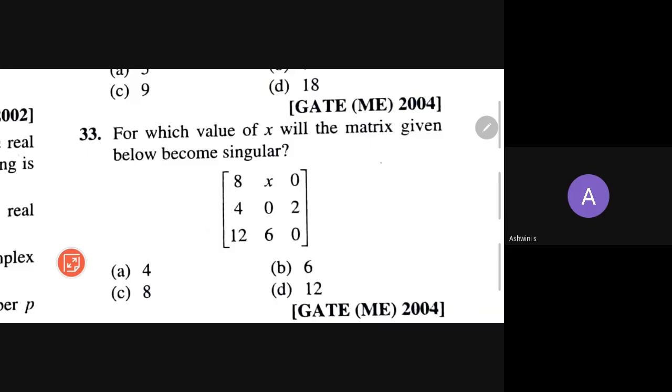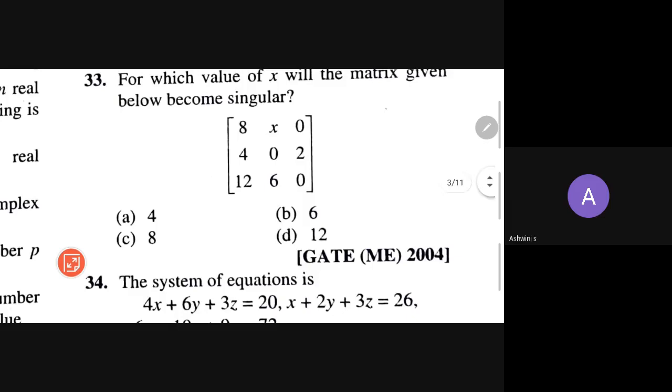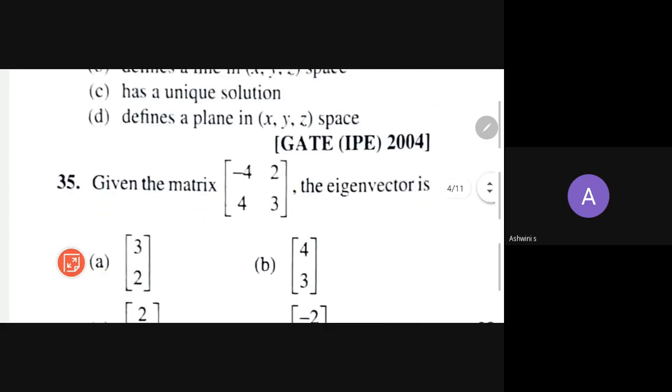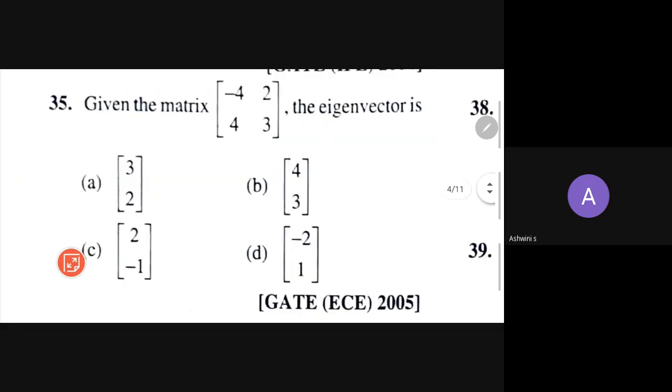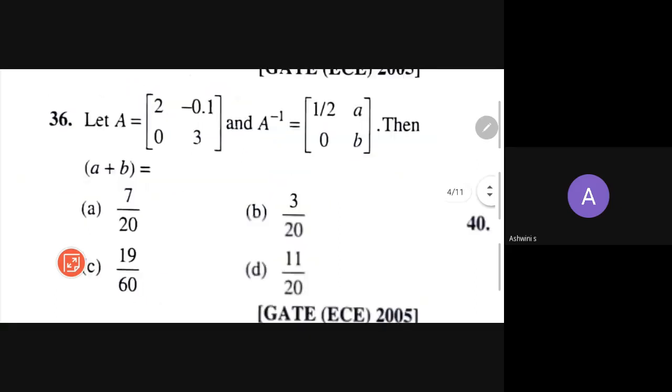I think you can find it. You just find the determinant and make it equal to 0. Then you can get the x value. Question 34 is similar. I don't want to discuss it. That is a clear question. The eigenvector is. This is also clear.